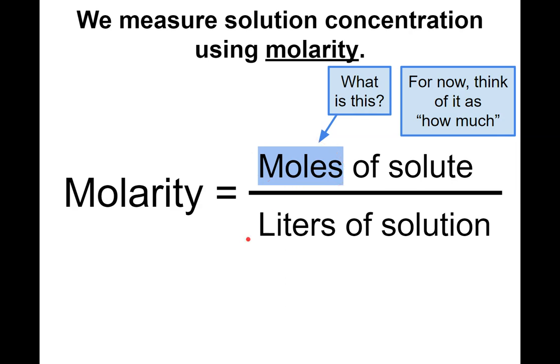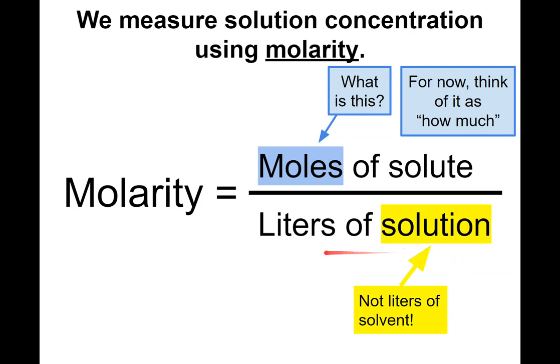And for liters of solution, notice that this is not liters of solvent. It's liters of completed solution, like after you've dissolved all the stuff in it. Which is kind of weird, and this is just because of how it's easy to make solutions and have them be precise.